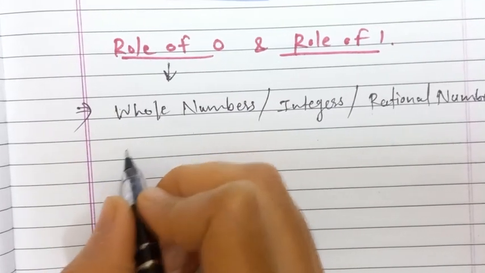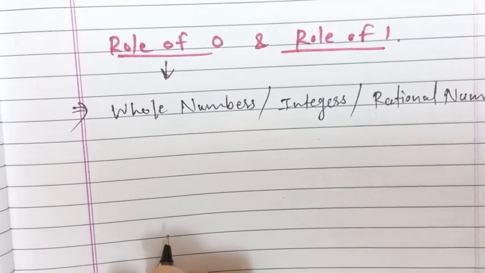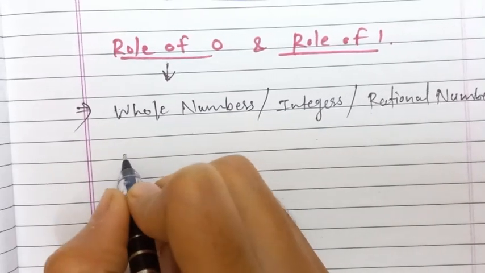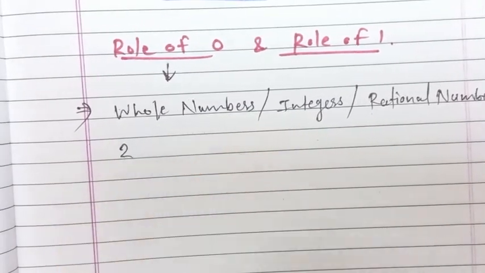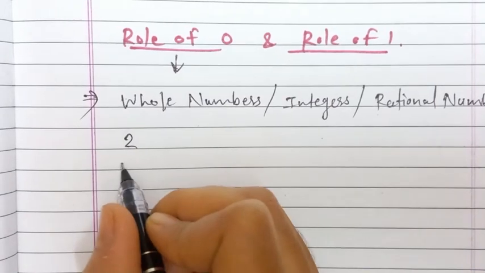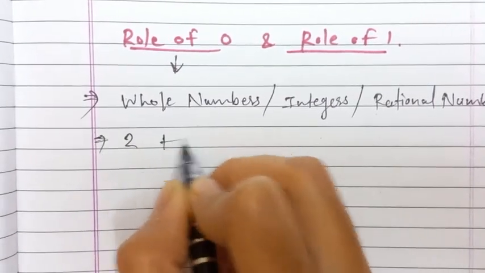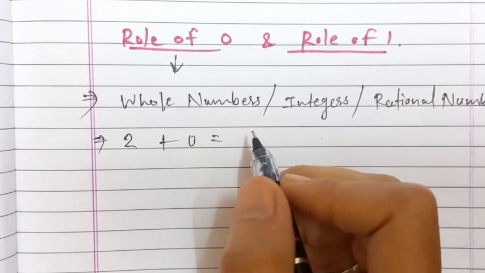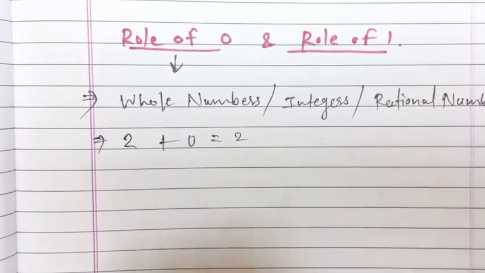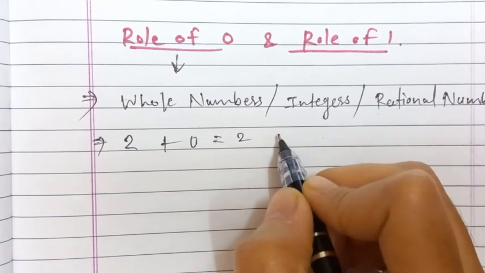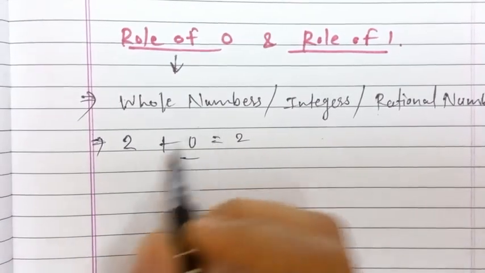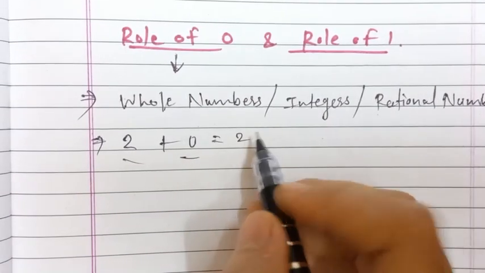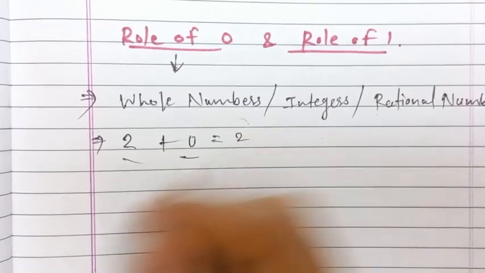Let me take 2 as a whole number. If I add 0, then it gives me 2. So this is the addition of 0 to a whole number.